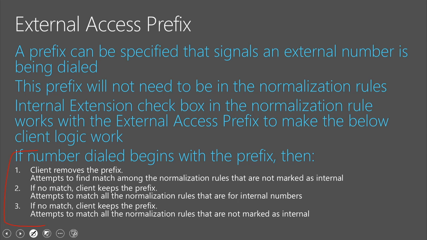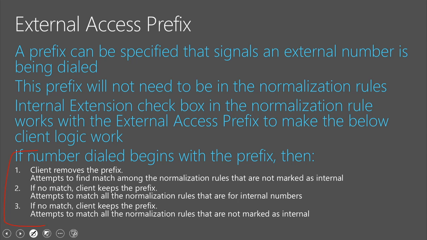The client, basically, if you see that they've dialed the external access prefix, we'll remove it, and then we'll look at just those rules that are not marked as internal, right? So we don't have to put the 9 in the rule. The client will remove it before it tries to normalize. But we want to be kind of aggressive about finding a match. So if we didn't find a match there, we'll put the prefix back on, and we'll try all the rules. First internal, then the external ones, okay?